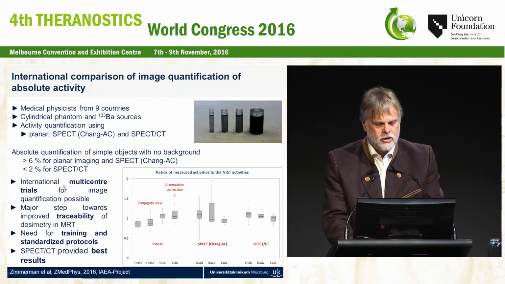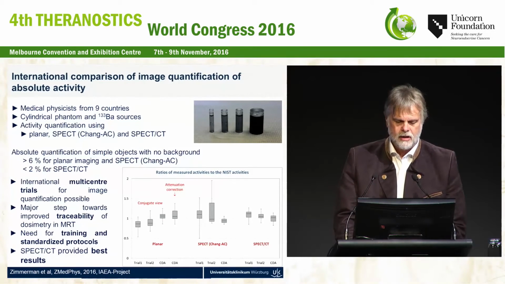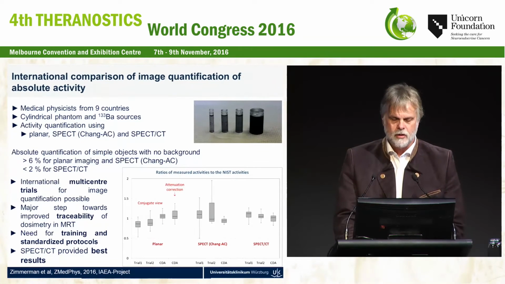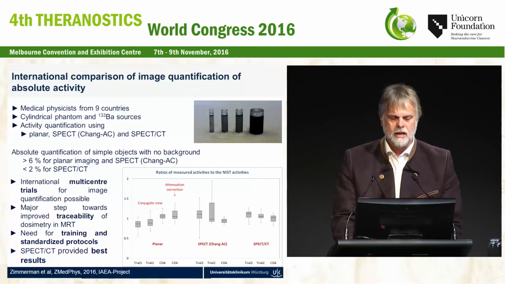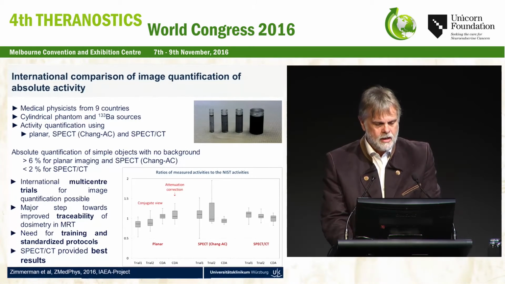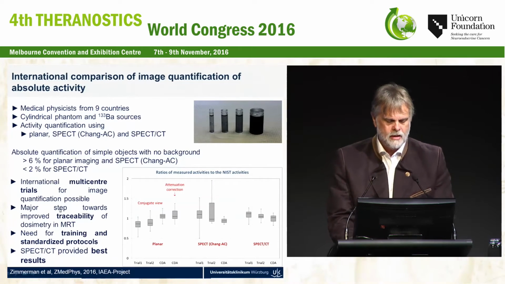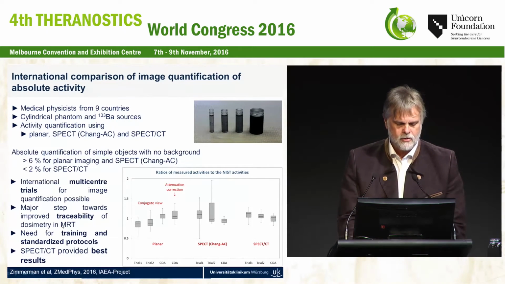So we could show that multi-center trials are possible, and I think we have to work on that, because a lot of clinical studies are ongoing now that rely on SPECT-CT and also planar gamma camera images for calibration. We have some traceability here with this barium source. Unfortunately, for lutetium at the moment, there's not a good replacement isotope.